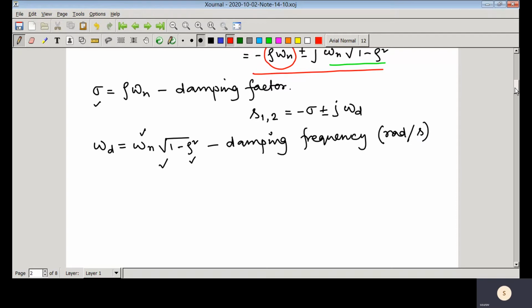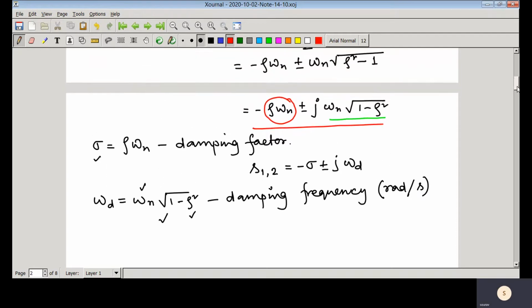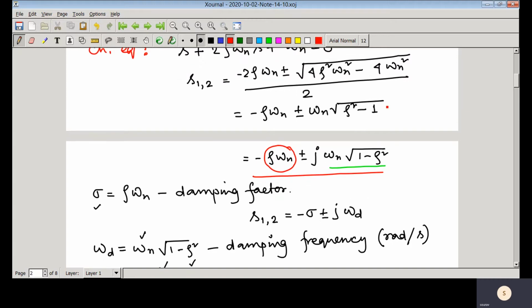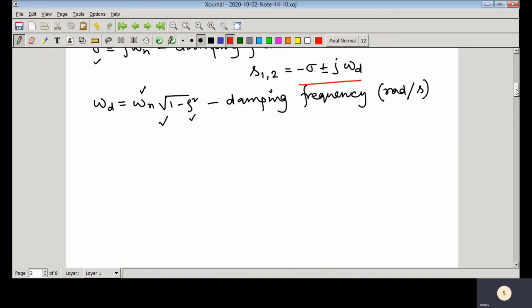Before going into that, let us see the location of these two roots. The two roots are minus sigma plus minus j omega d. Now if we plot these two poles in the complex plane, this is the real part of the complex plane, and this is the imaginary part.